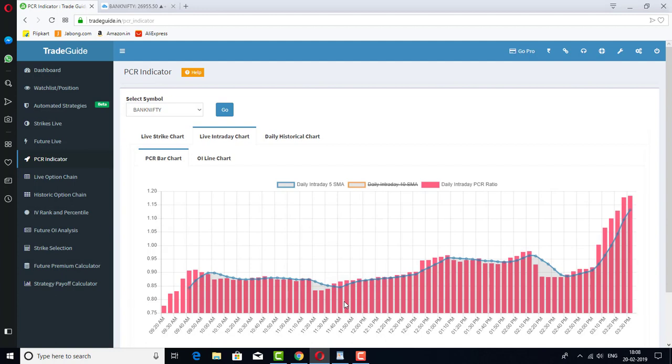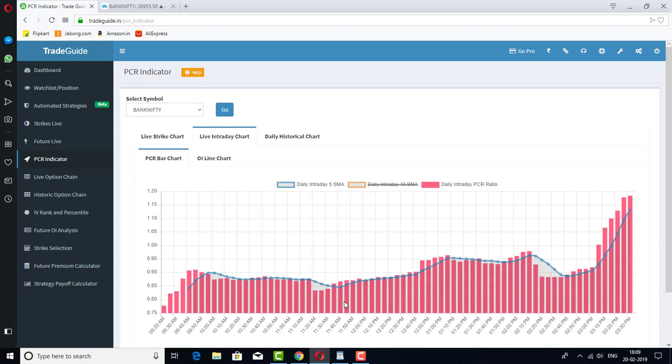When we use the PCR indicator, we can use it for both the bullish and the bearish sides. Whenever the red PCR bars give you a breakover above the 5-day simple moving average or the 10-day simple moving average, whichever you are using, you can take a bullish position in the market, because the put sellers are overpowering the call sellers.